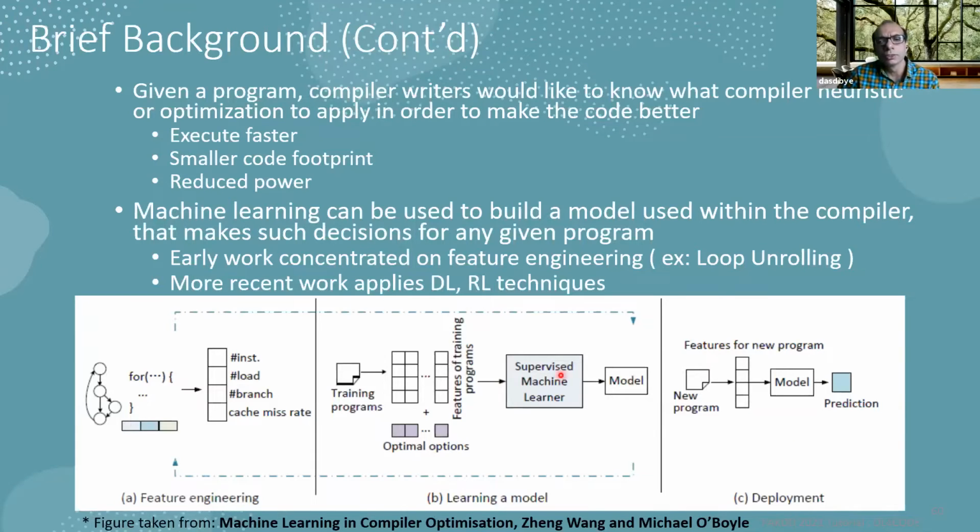You can look at some of these older or traditional machine learning techniques in this well-known work by Wang and Michael Boyle, which looks at a whole gamut of machine learning compiler optimization over the last 15 to 20 years. If you look at it, yes, many of these were not bad and could have been applied, but as a compiler writer today, even in a very well-known compiler like LLVM, hardly any of these techniques have been adopted, for various reasons.